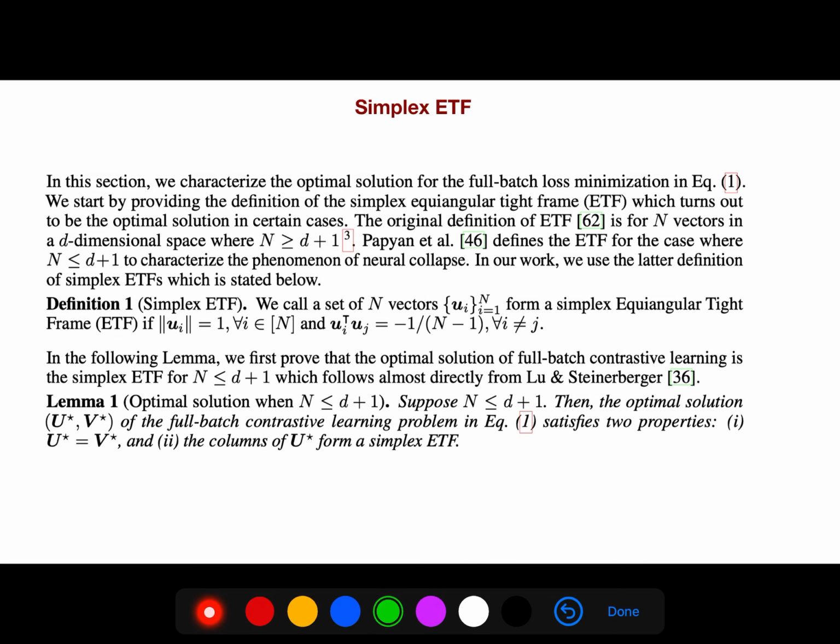So this is the definition of simplex ETF. ETF stands for equiangular tight frame, and we call a set of n vectors a simplex equiangular tight frame if, first of all, they are orthonormal, and second of all, their dot product is this value, negative 1 over n minus 1.